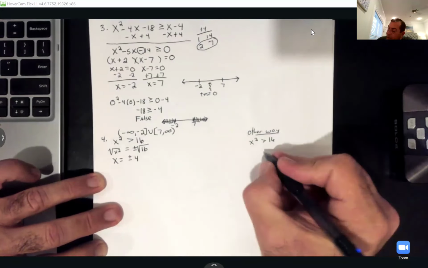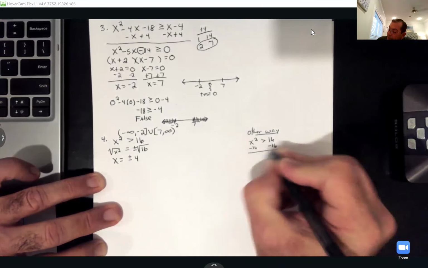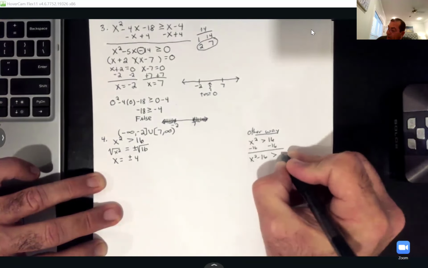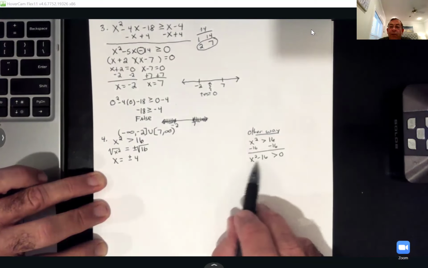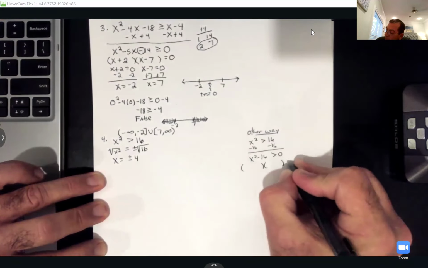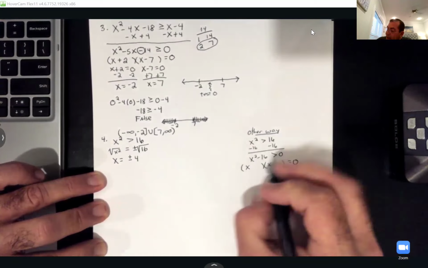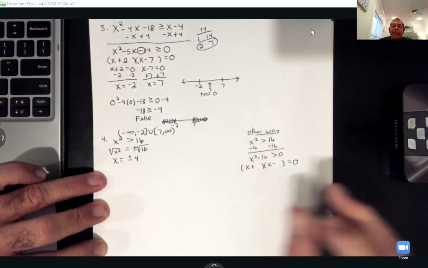If you want to factor this, you would subtract 16 from both sides and get x squared minus 16 greater than 0. And then this would be what we call the difference of perfect squares. So the x squared would be an x and an x. Last number is negative, so one's plus and one's minus.